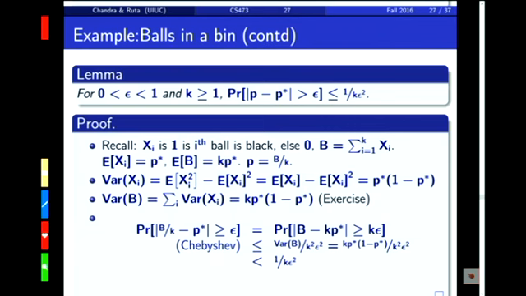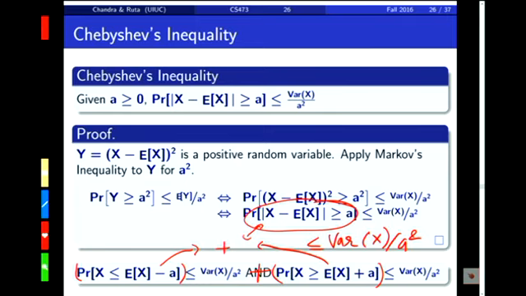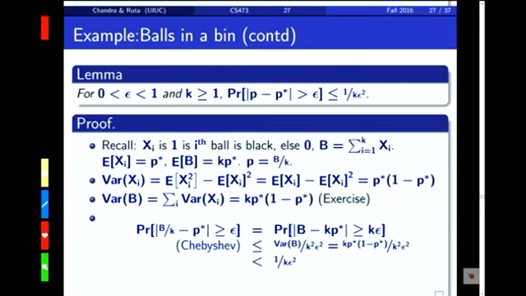Remember, what was the inequality? It just says variance of x divided by a square. So that is variance of B divided by the square of this quantity, that is k square epsilon square. When you simplify it, you get 1 over k epsilon square. Once you set up the right set of random variables, the rest becomes algebra actually. So all the ingenuity goes into setting up the right set of random variables.